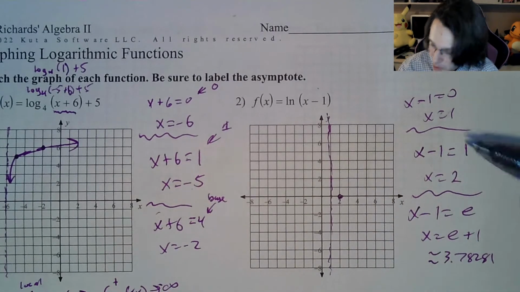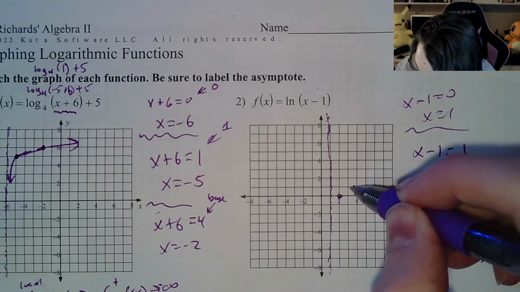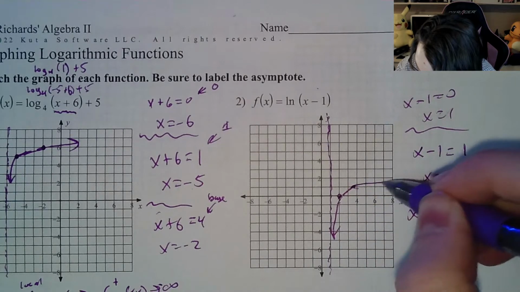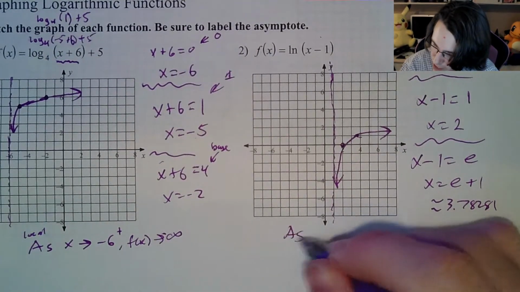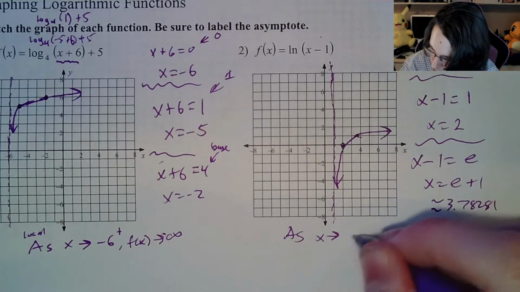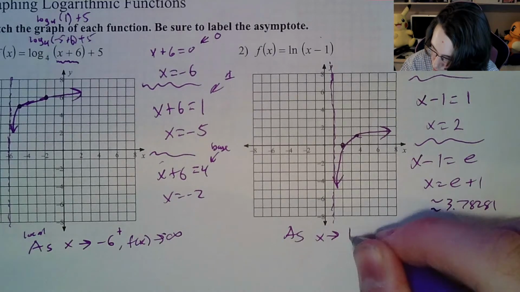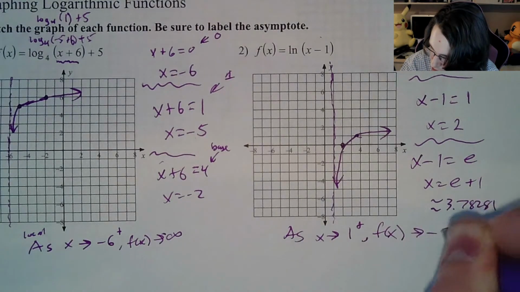But it will give you a 1 when you plug it in. So, about right there. And again, create that graph. And if you're being a little bit extra, you write down the local behavior: as x goes to 1 from the right-hand side, f of x goes to negative infinity.